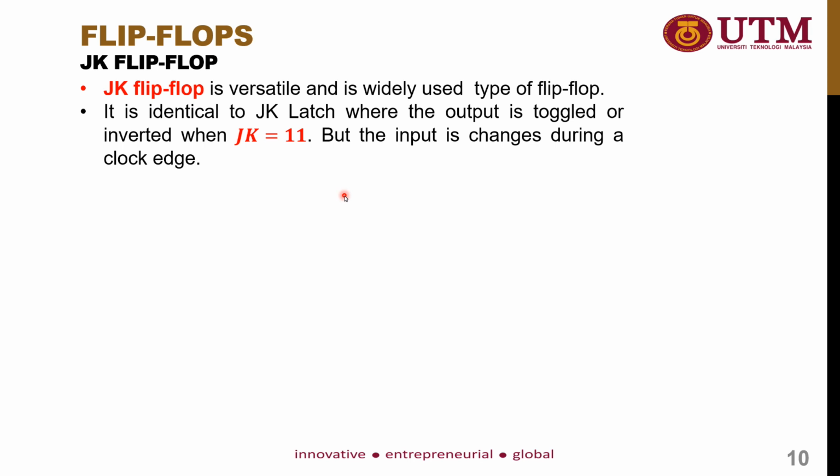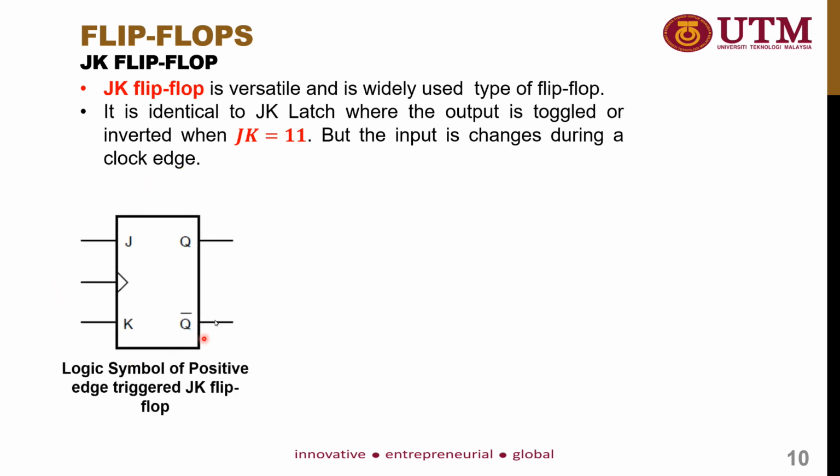But for the JK flip-flop, output changes are only possible at each clock edge. It depends on the type of JK flip-flop, which is positive triggered or negative triggered. As usual, for positive triggered, the output will change during the rising edge, and for negative triggered, the output will change during the falling edge. So this is the logic symbol of the positive edge triggered JK flip-flop.